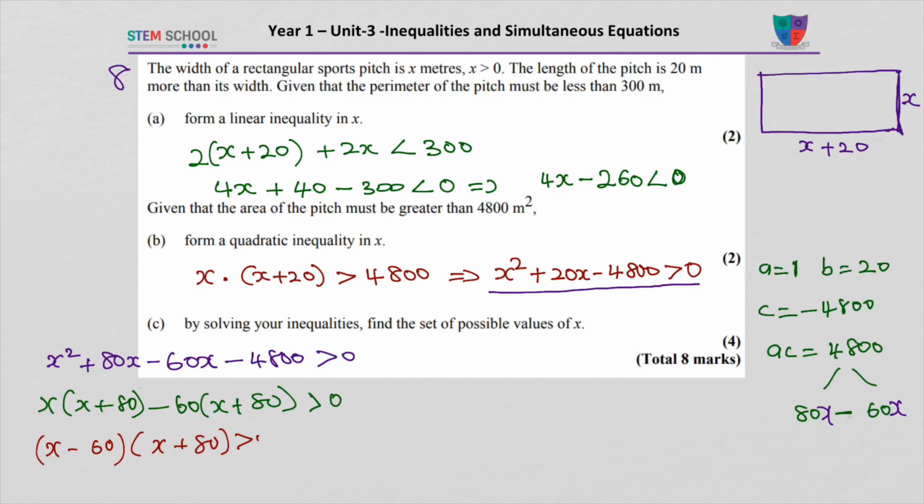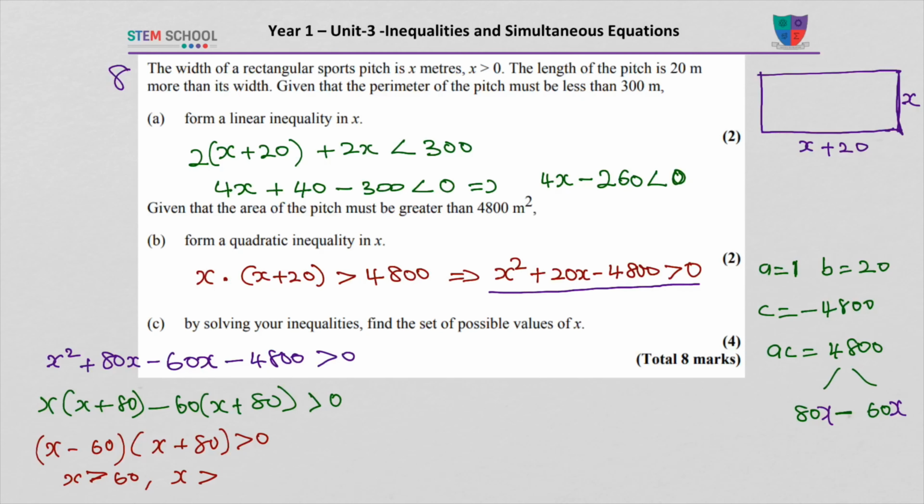So my critical values are x is 60, and x is minus 80. So those two values can then help me to write down the inequalities in this case.